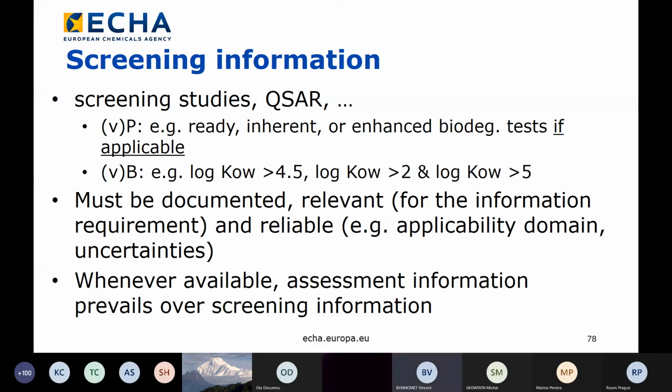And the other way around, if you have false positives, in practice, it can create difficulties for SVHC identification, because you just cannot identify a substance as a substance of very high concern if it's just based on screening information. So false positives are also something to avoid.